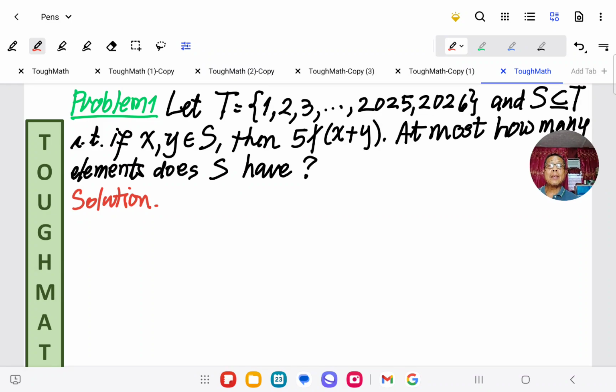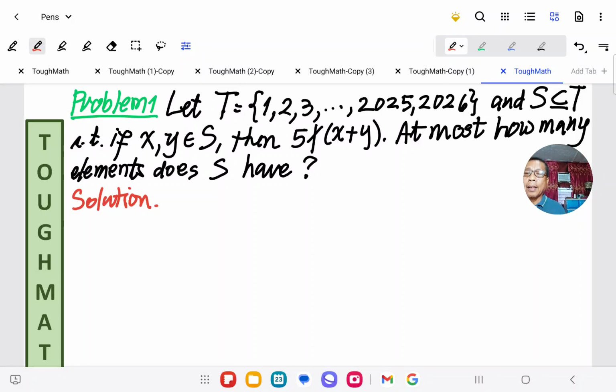Let T be the set containing the numbers 1, 2, 3 up to 2026, and S is a subset of T, such that if X and Y belong to S, then 5 does not divide X plus Y. At most, how many elements does S have?